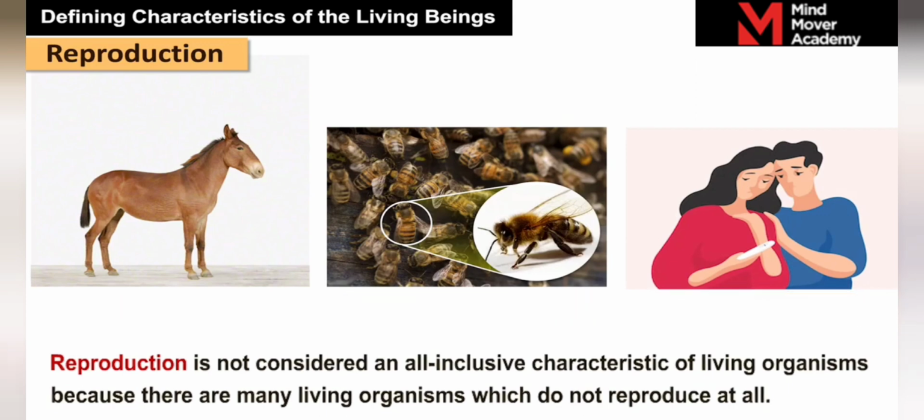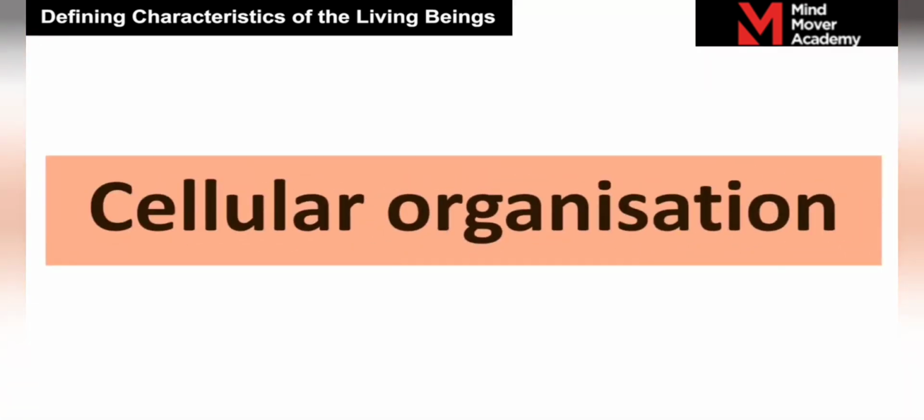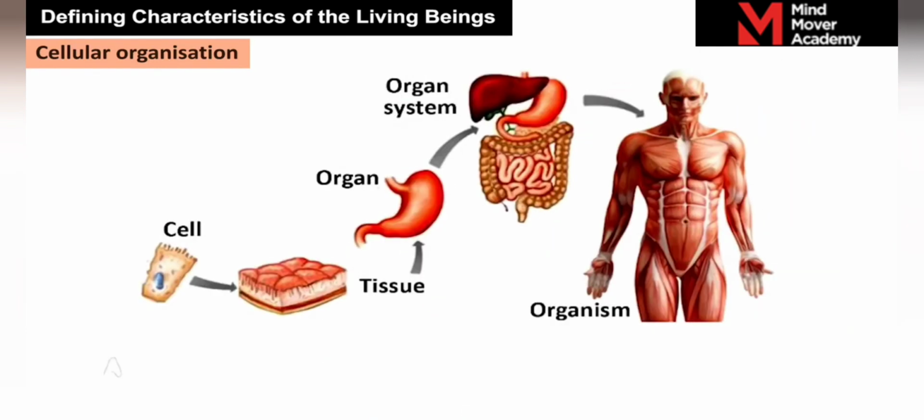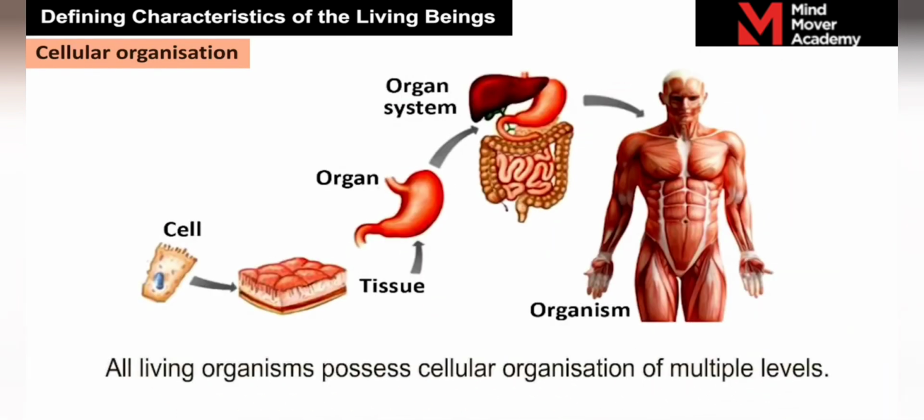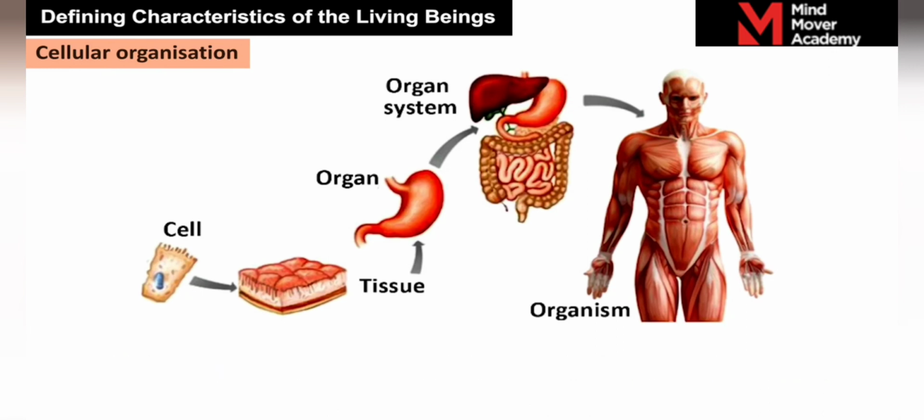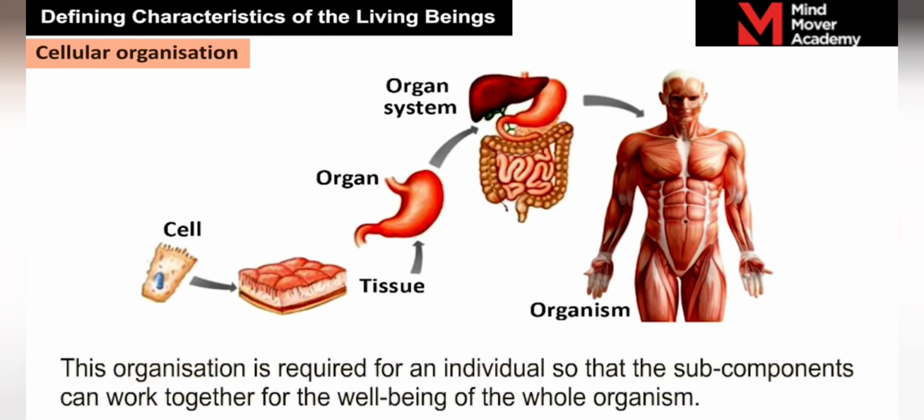Now, after reproduction, let us talk about the next characteristic, which is cellular organization. All living organisms possess cellular organization of multiple levels. Do you know why this organization is required? This organization is required for an individual so that the subcomponents can work together for the well-being of the organism.